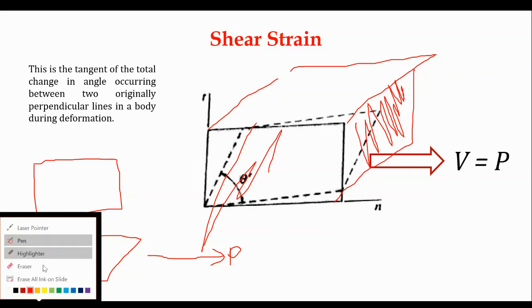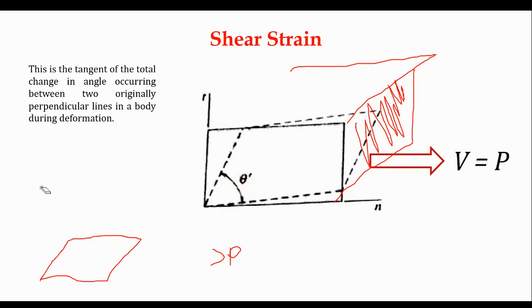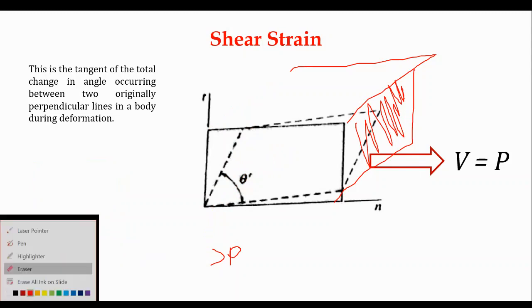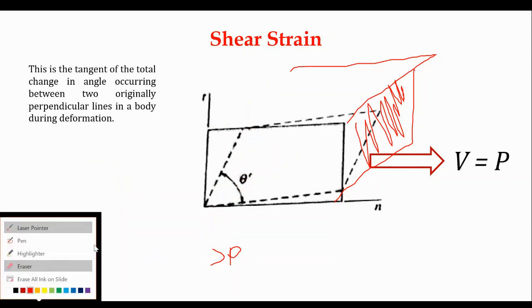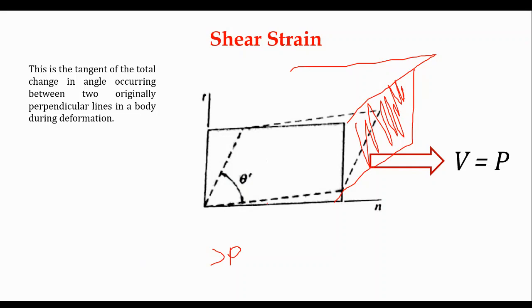So where is the shear strain in the figure? If this is the original figure, the shear strain is this angle, because it is the angle of deviation, from the vertical orientation to being inclined. That angle of inclination is what we call the shear strain.